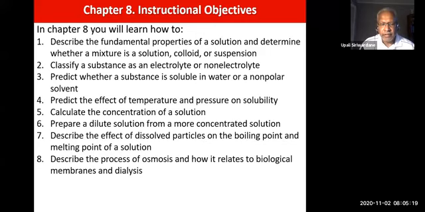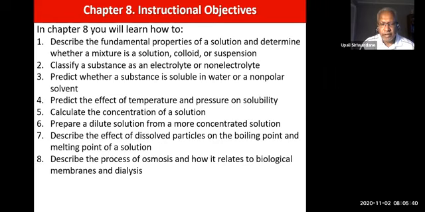Dialysis is a biological phenomenon in membranes where membranes have permeability only for certain particle sizes of solute.